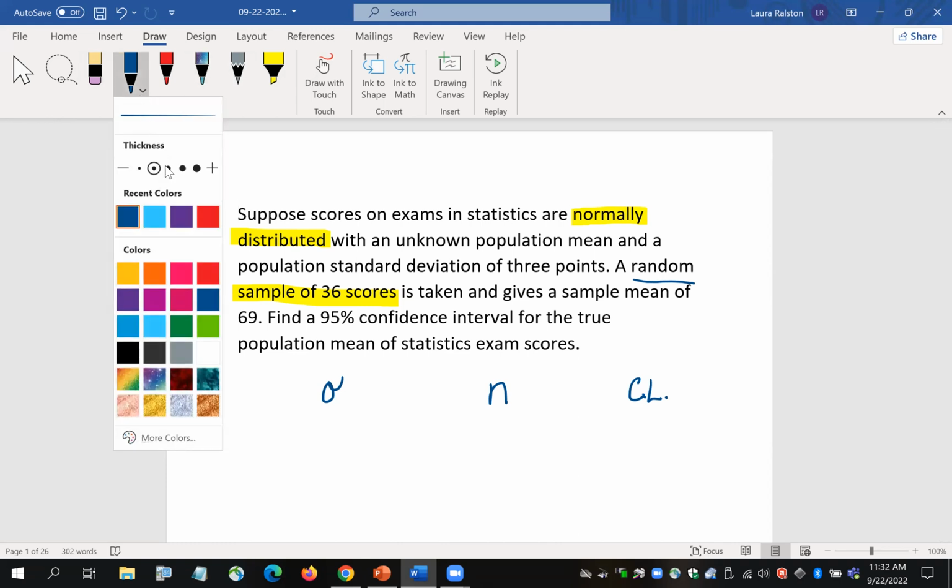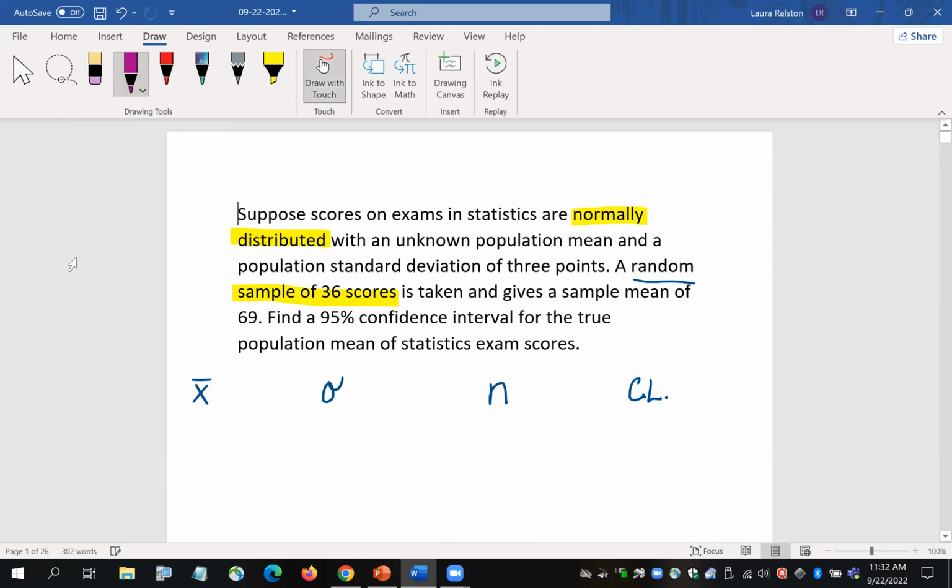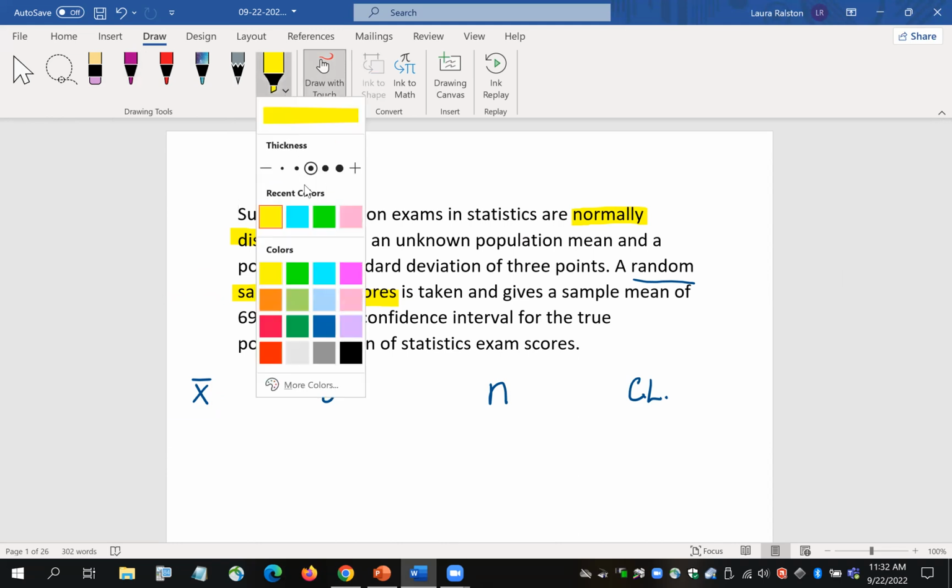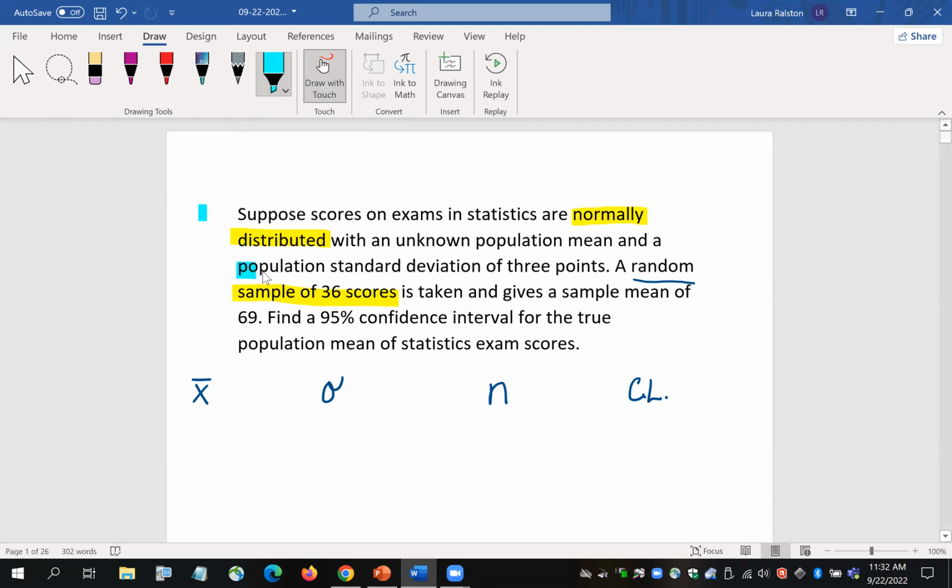If I go back through and read this problem, it tells me at the end of the first sentence, a population standard deviation of 3 points. So sigma, my population standard deviation, is 3. Continuing, it says a random sample of 36, so my sample size is 36.